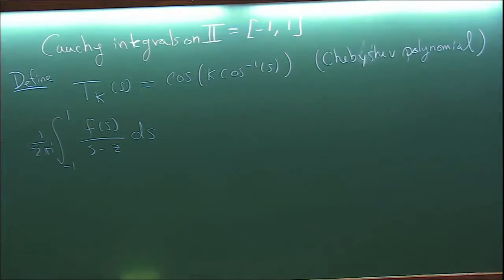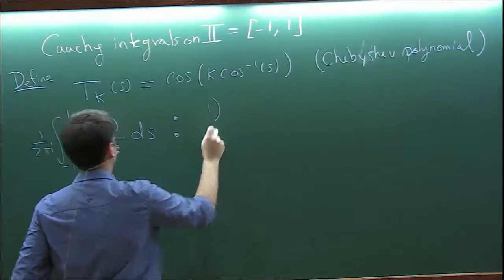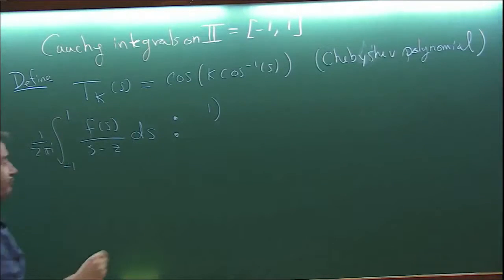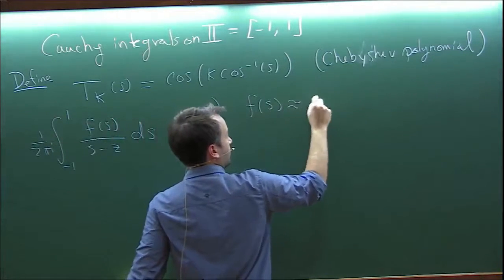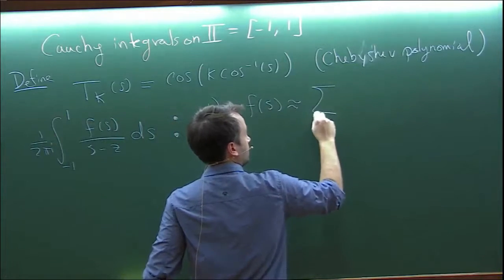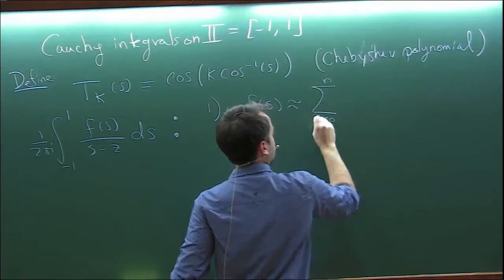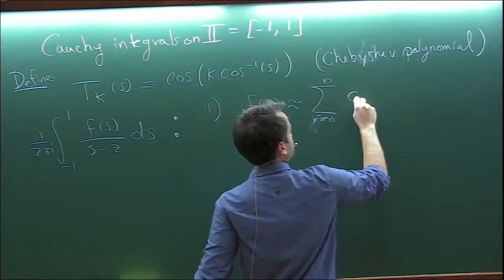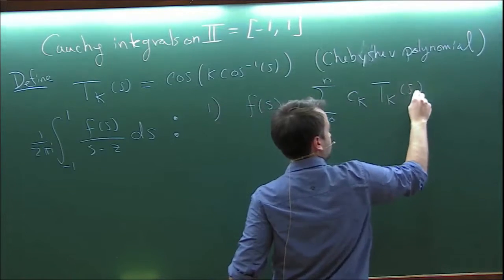To do this, the first thing you have to do is take f, a function on -1, 1, and approximate it with a series, k equals 1 to n, c_k T_k of s.